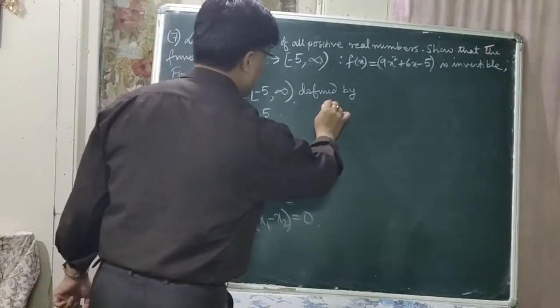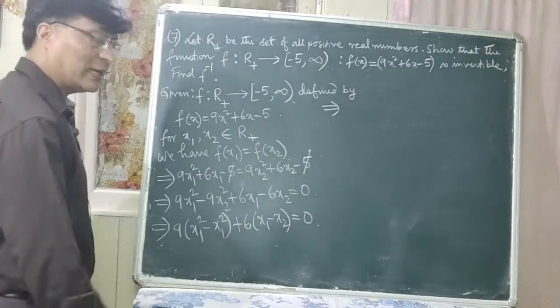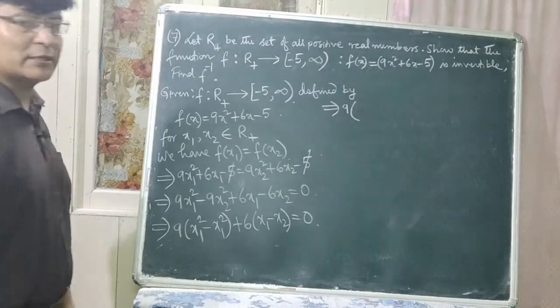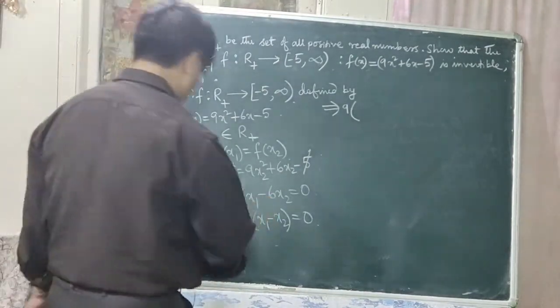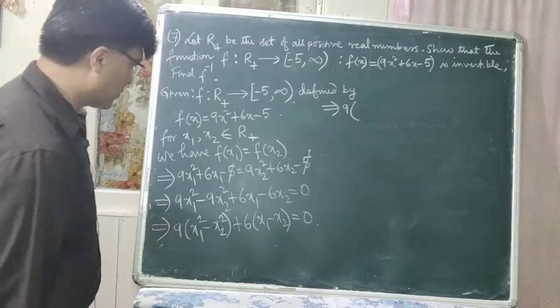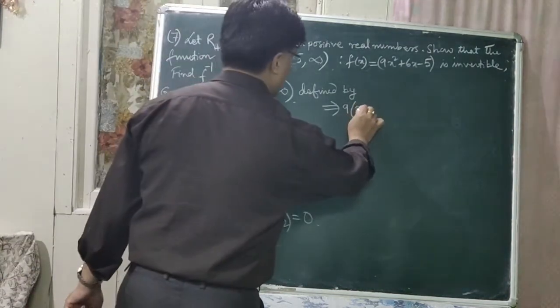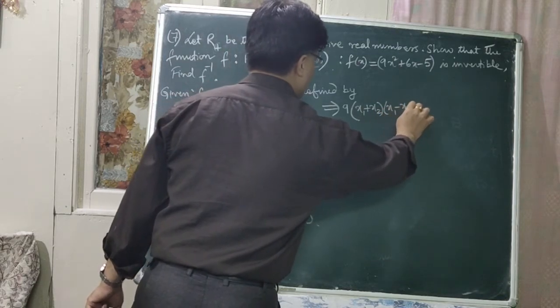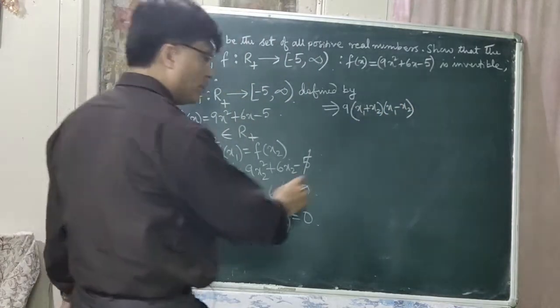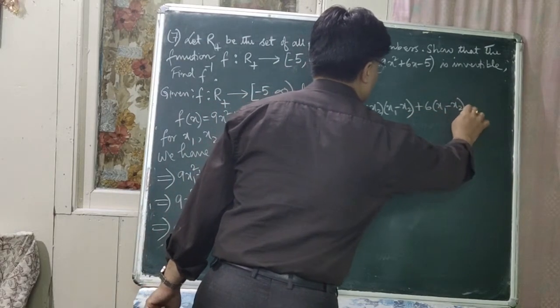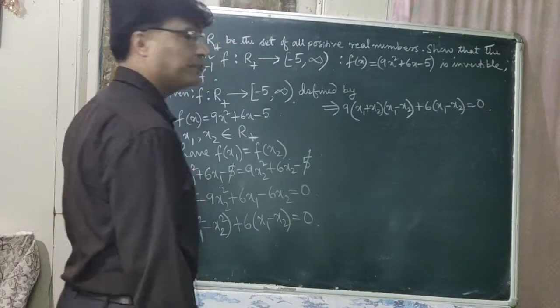Next, you know that x1 square minus x2 square is a square minus b square, which is a plus b into a minus b. So 9 into x1 plus x2 into x1 minus x2 plus 6 into x1 minus x2 is equal to 0.